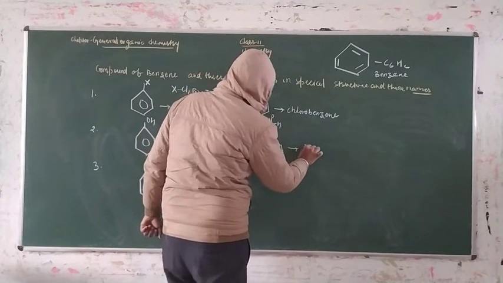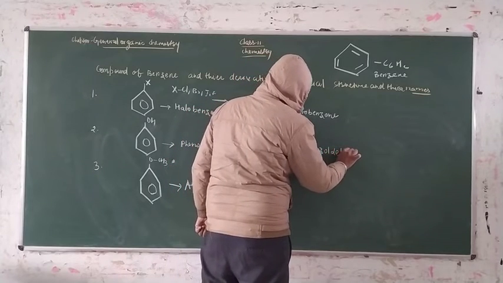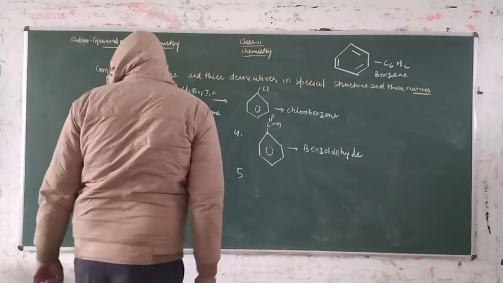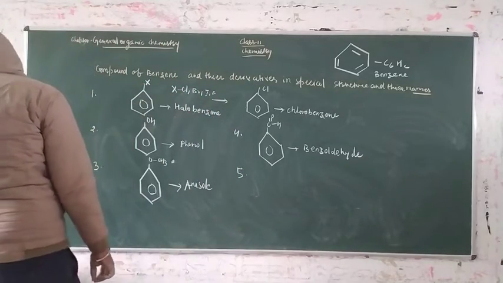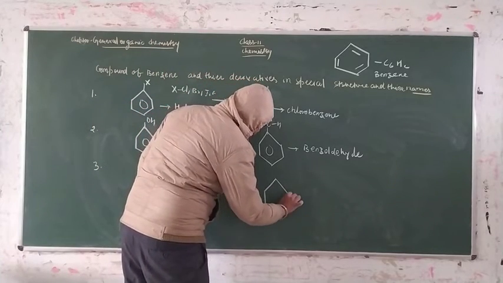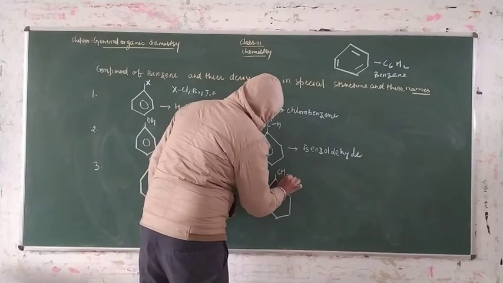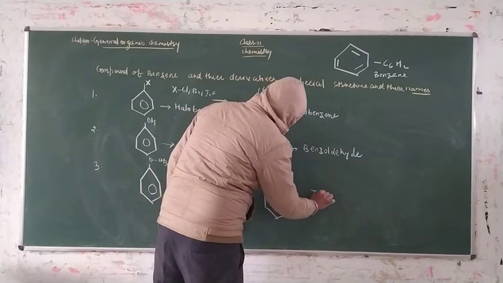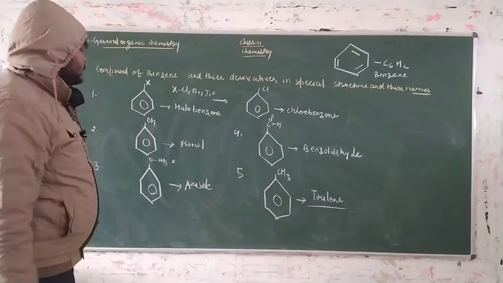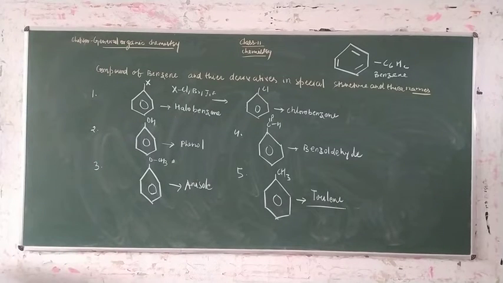This is benzaldehyde. Now the next one: if benzene contains one methyl on it, this is toluene. So take a note of this, draw this structure, revise this.